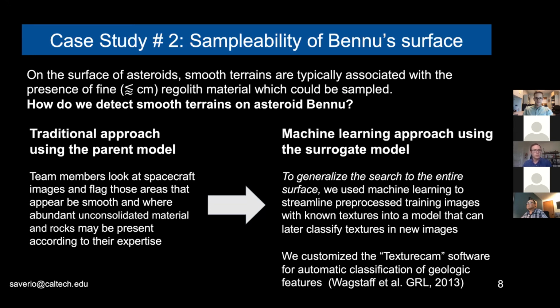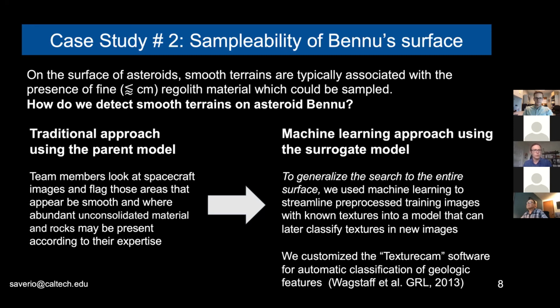The traditional approach, which again defines our parent model, is that we have team members looking at spacecraft images and flagging areas that appear to be smooth and where abundant unconsolidated material is present, but this is based on the team members' experience.